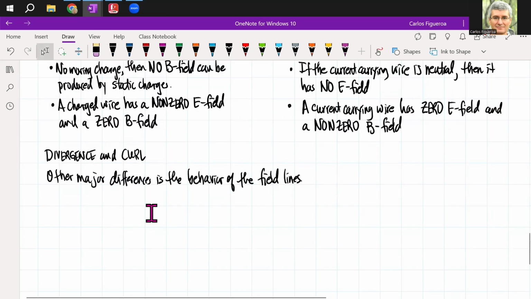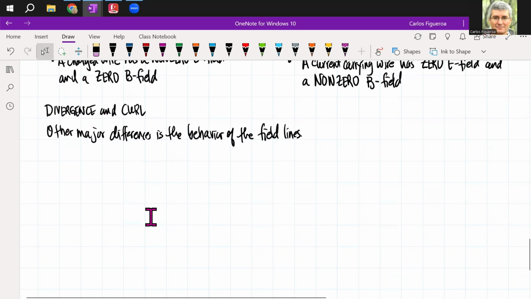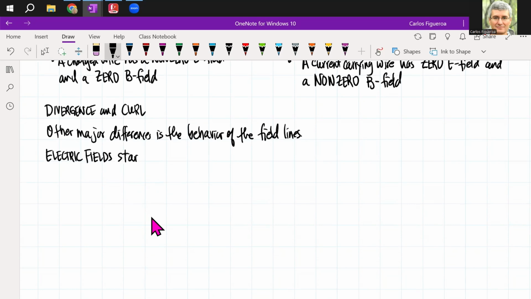So what is the difference here? A big difference is that we know that electric fields start, let me be careful. I said electric fields, but I really should say electric field lines.